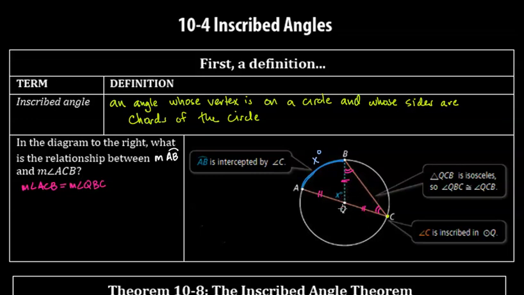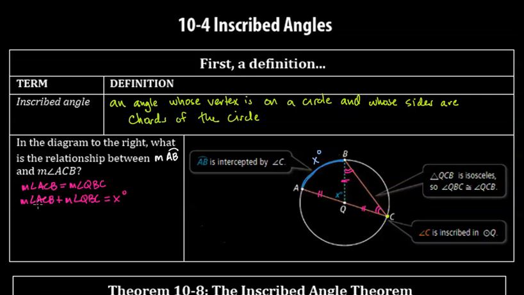But then if I look at this triangle and I look at this angle, this is an exterior angle for this triangle. And we've learned previously that the measure of any exterior angle would be the sum of the remote interior angles, and that would be these two, those base angles of my isosceles triangle. So if I took the measure of angle ACB and I added it to the measure of angle QBC, I should get x degrees. These two added together should equal this x, which of course is also the measure of arc AB.